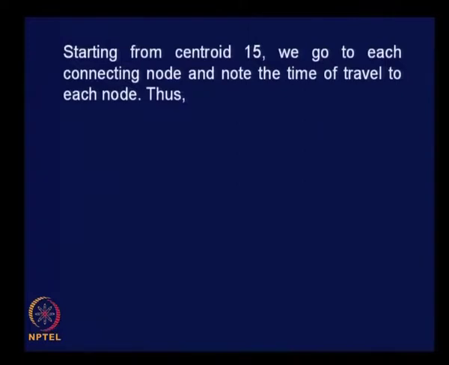Starting from centroid 15, we go to each connecting node and note the time of travel to each node. Thus we can write travel time from 15 to 16, indicated here as T15-16, is equal to 1 and T15-12 is 3, is not it.